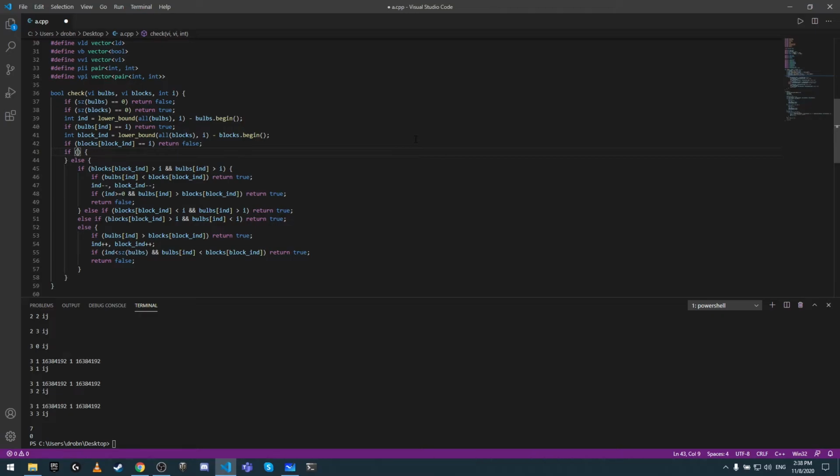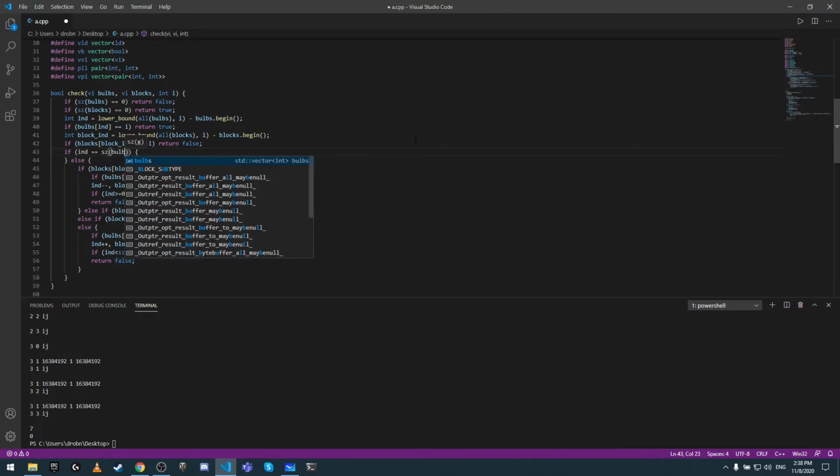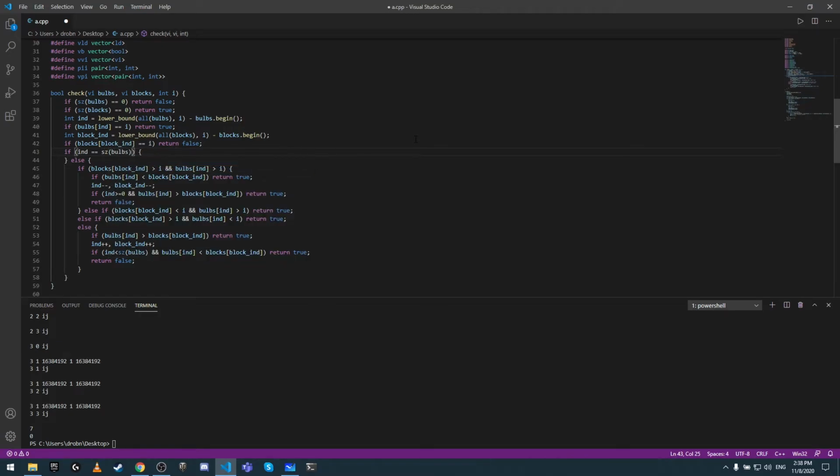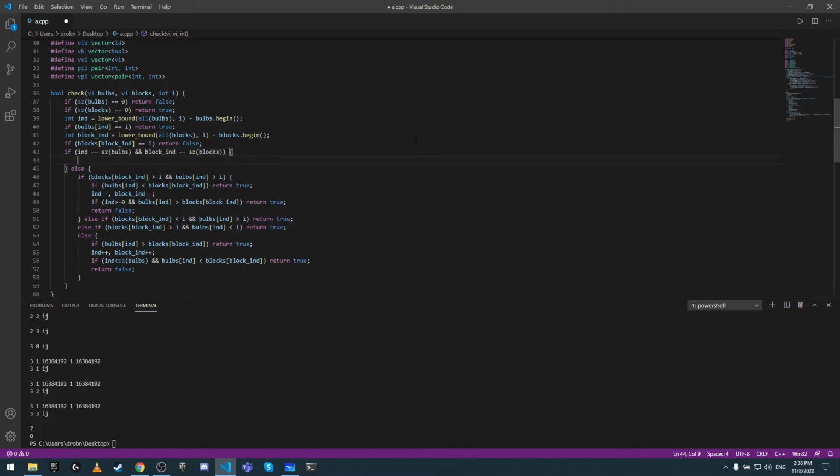So now if int equals size of bulbs and block index equals size of blocks, then what you do is you basically just check for the lower. So you do int minus minus.